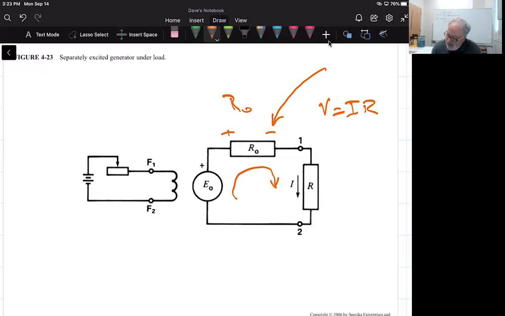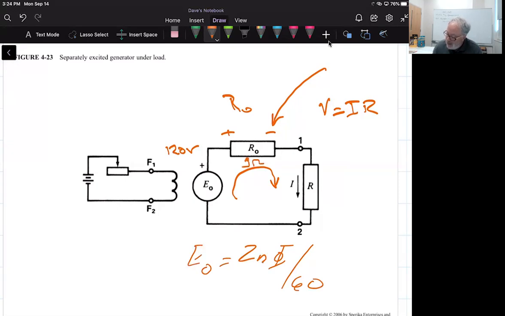Now think about that. We looked at this situation where let's say we develop 120 volts across our armature at no load, and we got that from this equation. We have this voltage, but now we connect a load to it, current starts to flow, and we're going to drop some voltage across this internal resistance, this R sub O. Let's say this is 120 volts, and let's say this is 1 ohm of total resistance.